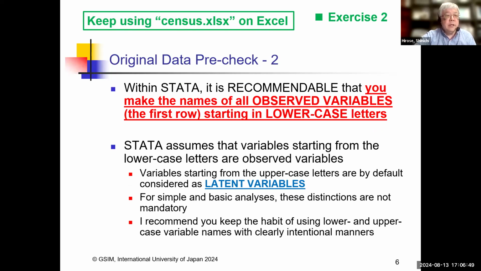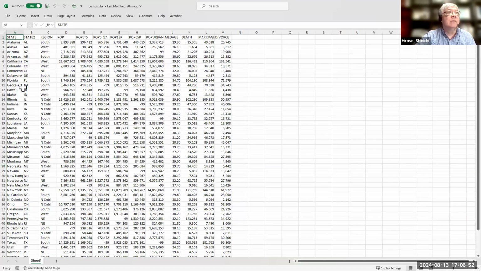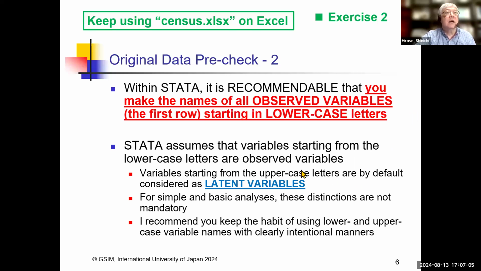In this census file, the variable name is in uppercase letters, which is not actually desirable for Stata, because the variable name starting with an uppercase alphabetical letter is reserved for latent variables, which is not the data that you acquire, but it is something like an indirect variable.